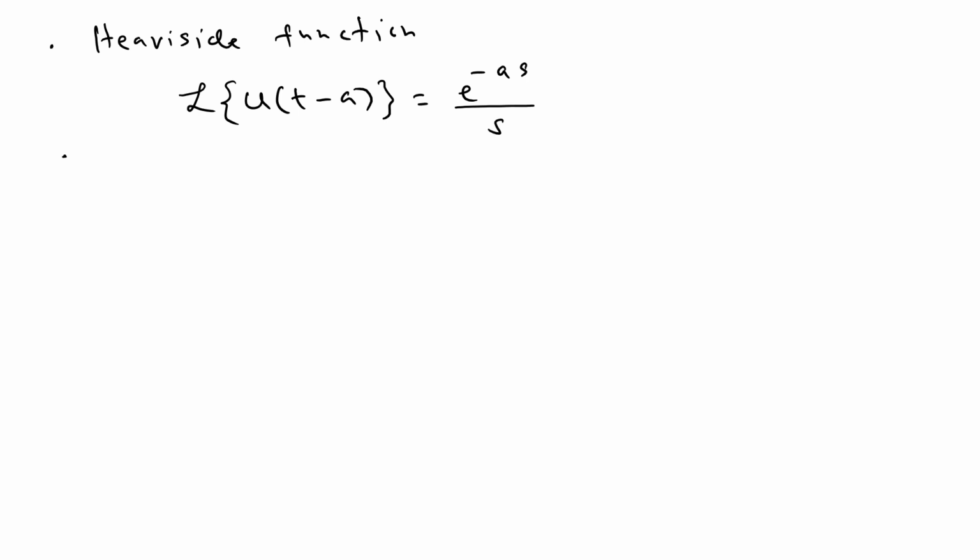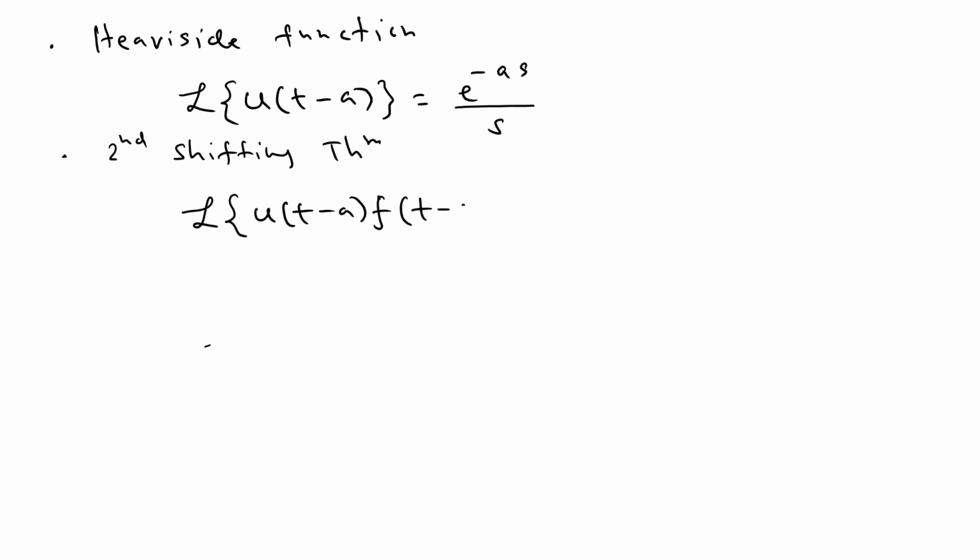And then we also had the second shifting theorem. What it says is that if we have u(t minus a) f(t minus a), its transform equals e to the minus a s multiplied by F(s). This is very useful when you want to find the inverse Laplace transform.